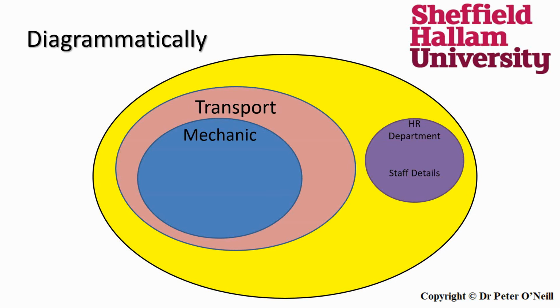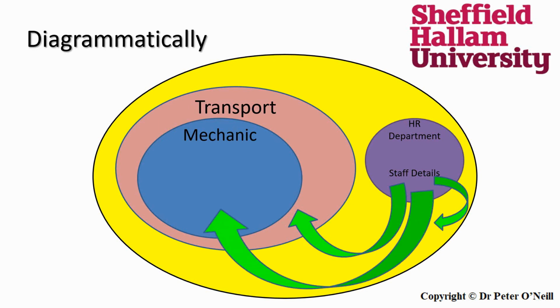Here is our HR department that contains the staff details. Now, the staff details have all of the staff, including the CEO, which of course includes our transport division and of course our mechanics division.